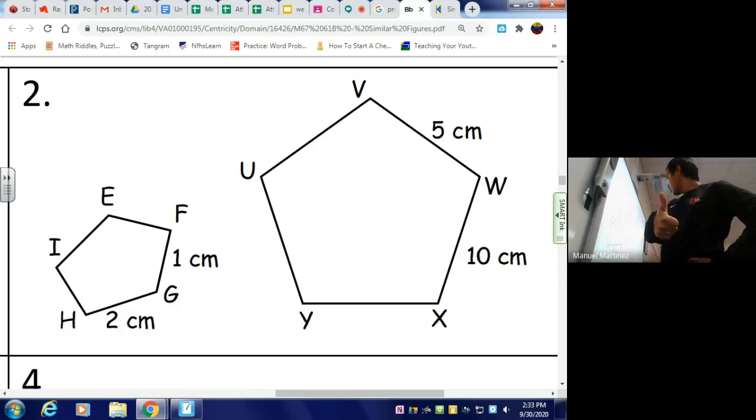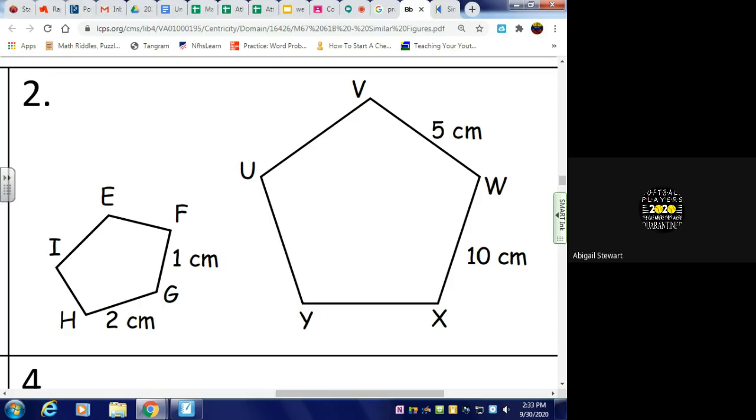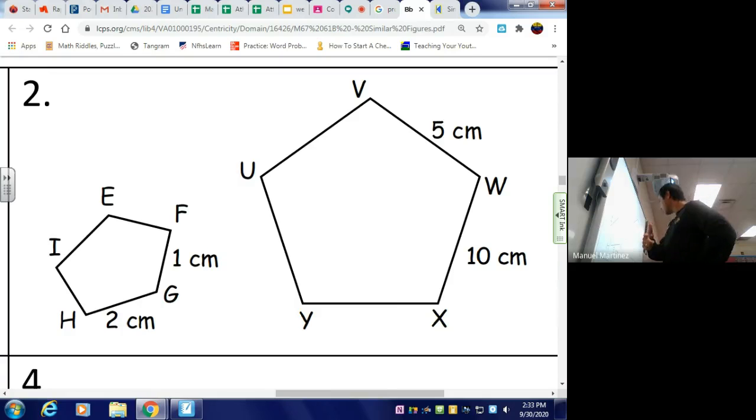The first condition was what? To check the angles. Yeah, check the angles. So let's check the angles, because this is interesting. Look, there's something interesting here, okay?